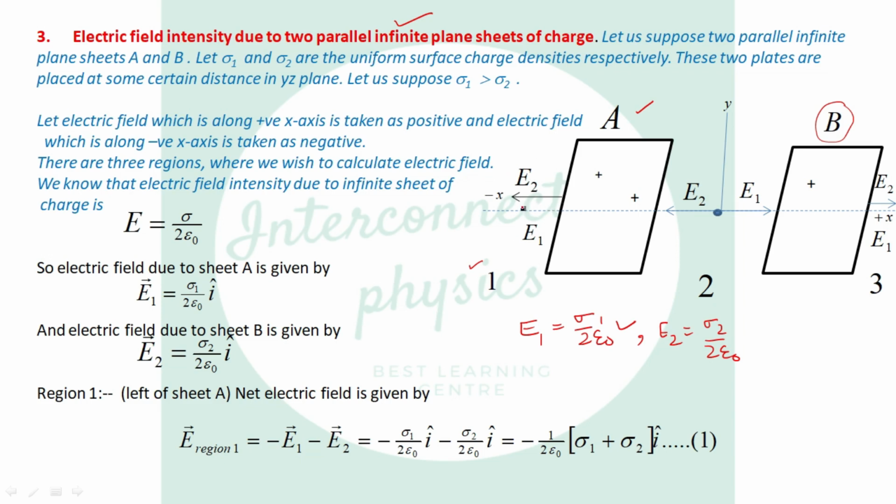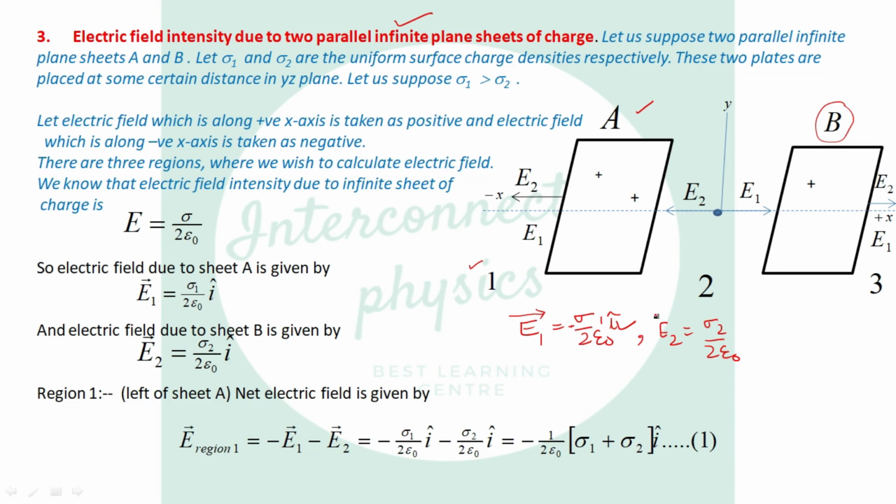Okay. Here the electric field produced by A is sigma 1 over 2 epsilon naught, but it is away from the positive sheet because the sheet is positively charged. So the electric field will be away from the sheet and will be along the negative x-axis. So the answer is negative. If we take it as a vector, it will be negative i cap. Okay. And E2, what is the value of the electric field of sheet B?